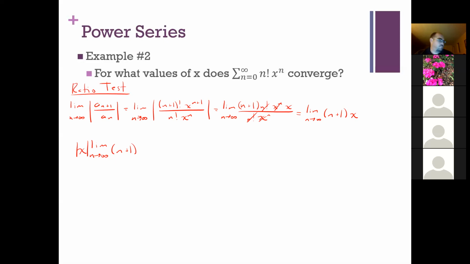It needs to be less than 1. But what is this limit equal to? What's going to happen to n plus 1 as n gets very large? Doesn't it turn into 1? No, it's going to be bigger than 1. Would it be infinite?